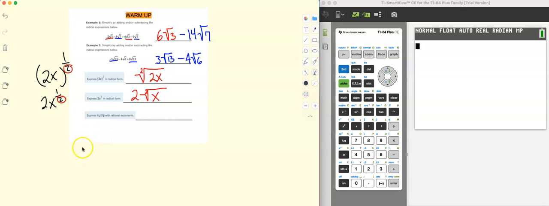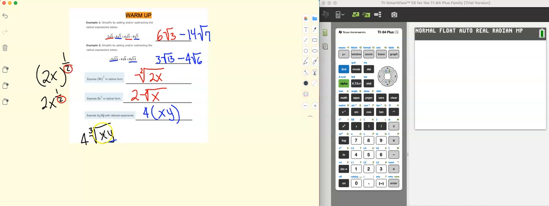And the last one here looks like 4 times the cube root of xy. Quite naturally, you see that the 4 is by itself, but I'm going to open parentheses because now I need to take what's under the radical, and that leaves the x and y.